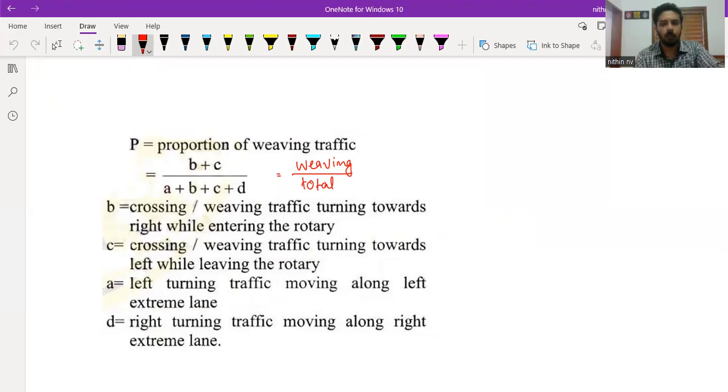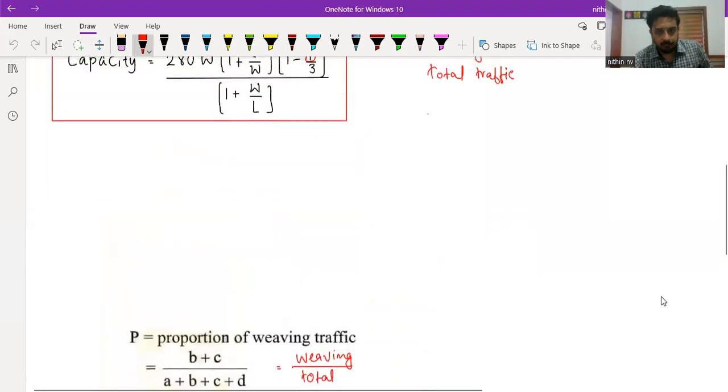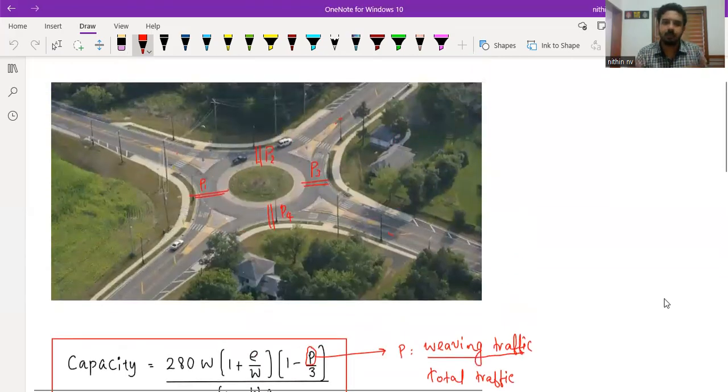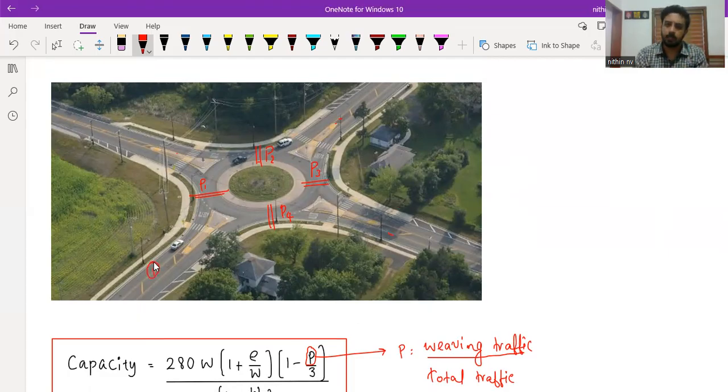That's it. What we are going to discuss in this video is, in case they give the number of vehicles instead of directly giving you the weaving traffic and total traffic. From this particular leg or road 1, some vehicles are moving to road 2, some towards road 3, some towards road 4.